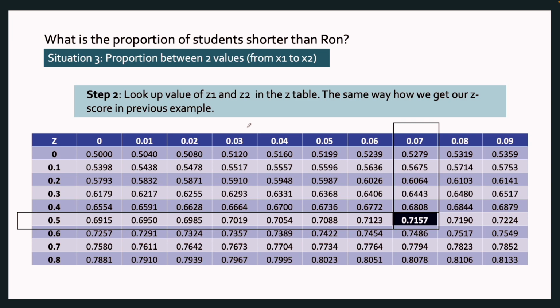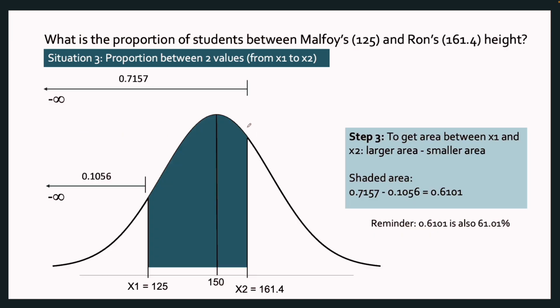And the second one, of course, is the same, because we are still using the same x. So you will still get 0.7157. This is the same as the first question just now, and the second.